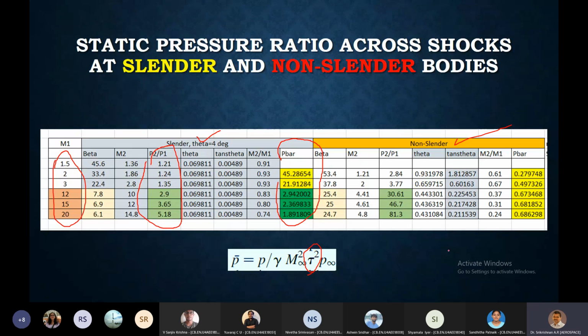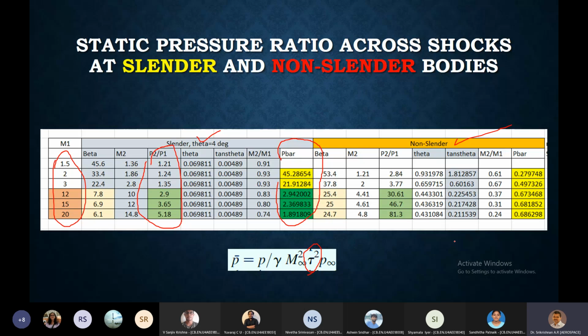When you compare the P bar values for bodies which are not slender and bodies which are slender, we can see whether these substantiate the assumptions that we are going to make in the small perturbation theory.